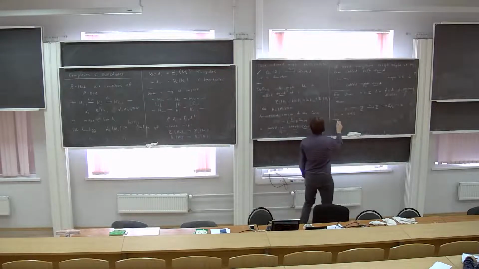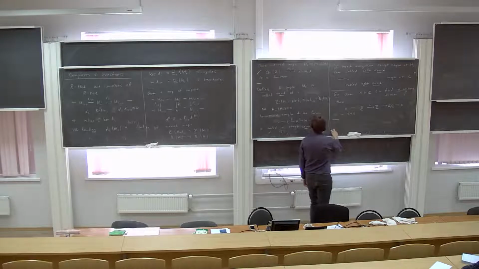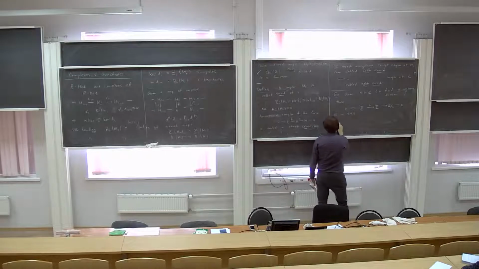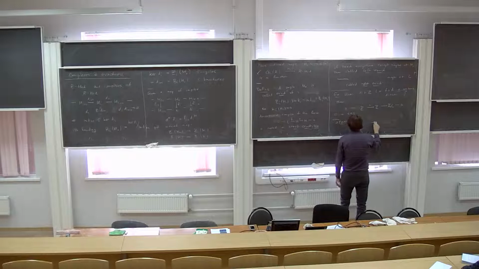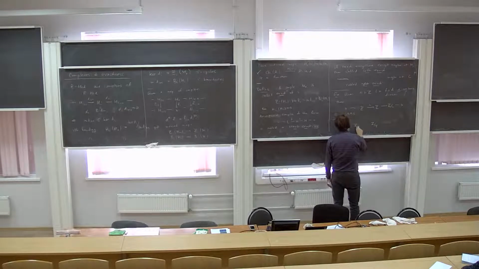But what if f was a zero divisor? So let's consider another example. Let's suppose, on the other hand, I put here Z mod 4 and Z mod 4, and I consider multiplication by 2.